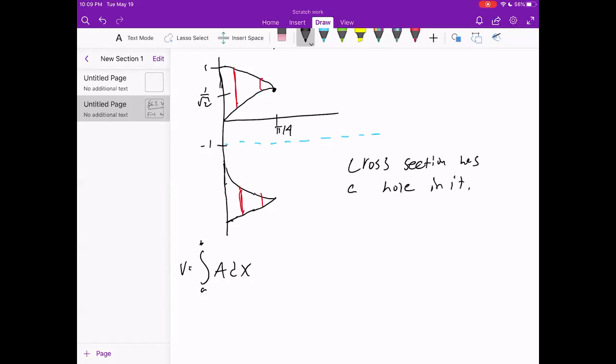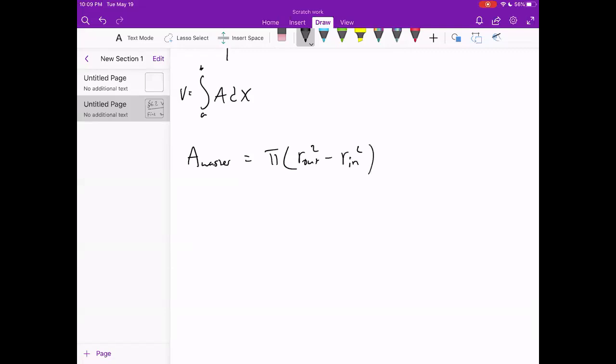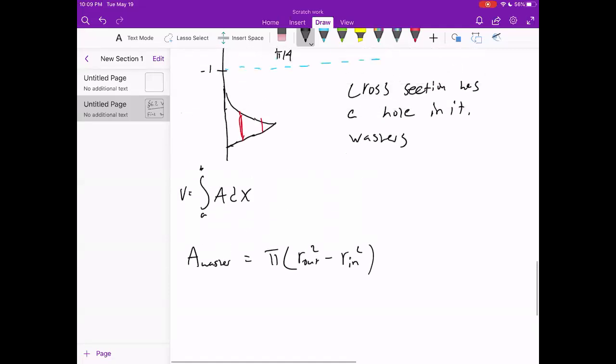So that hints that we're going to use washers. You'll need to remember the area of the washer is going to be pi times the outer radius squared minus the inner radius squared. And now we need to determine what the outer radius and the inner radius are.